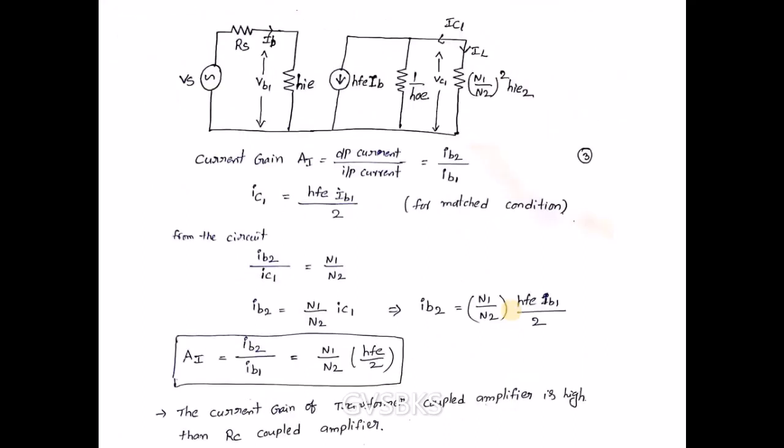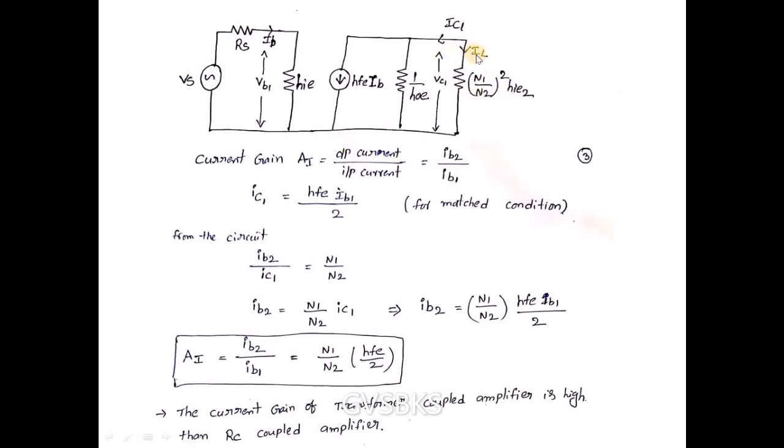Therefore, the above equivalent circuit can be redrawn like this. Here the transformer is replaced with a single impedance equal to the reflected load resistance, (N1 by N2) whole square into hie2.